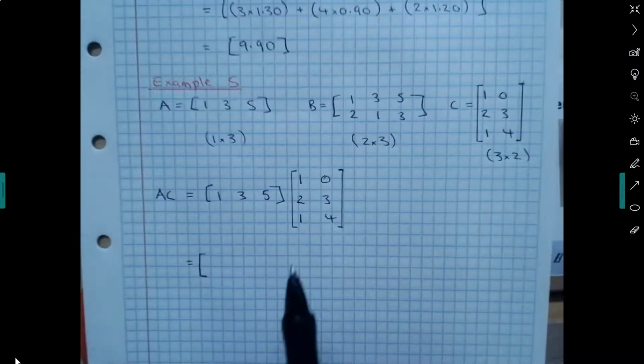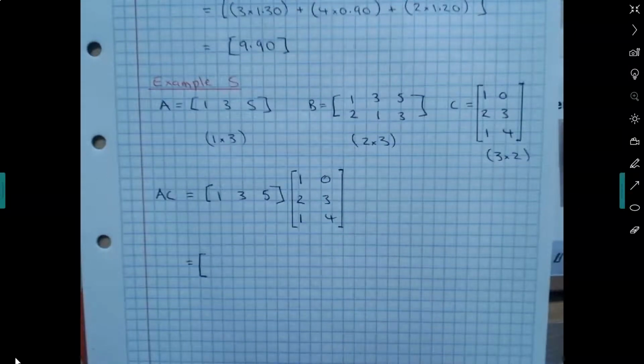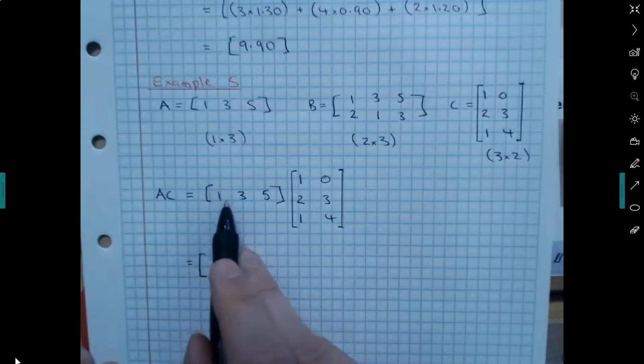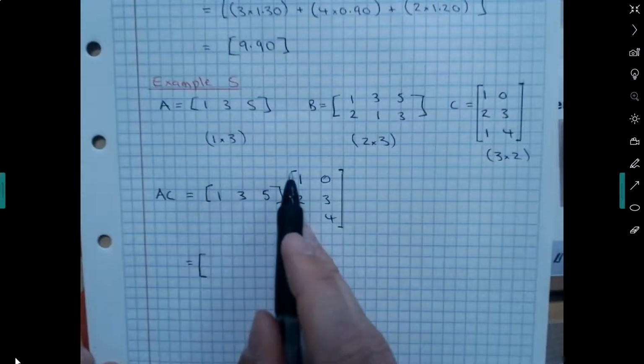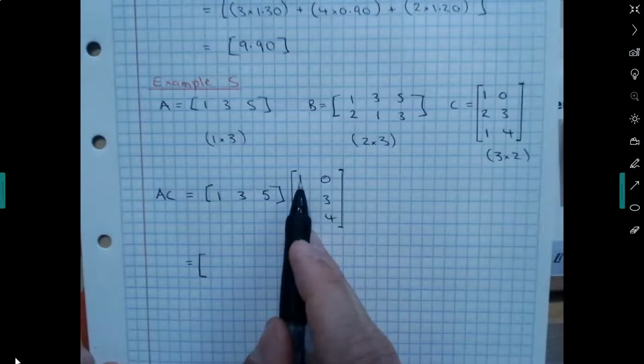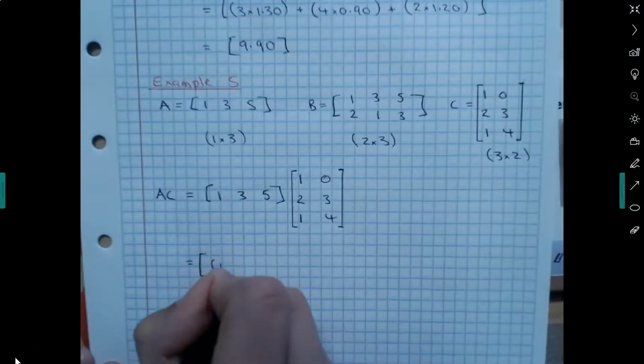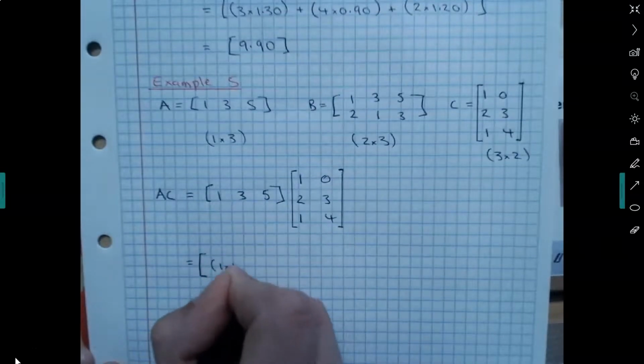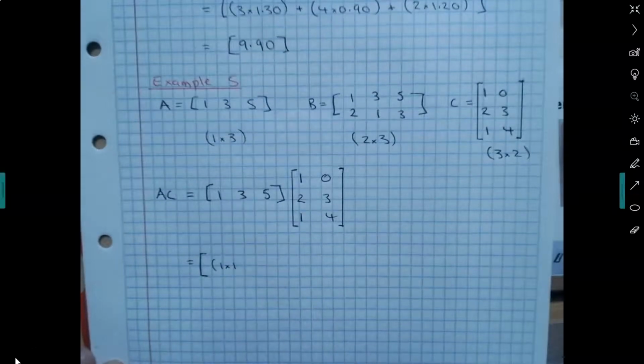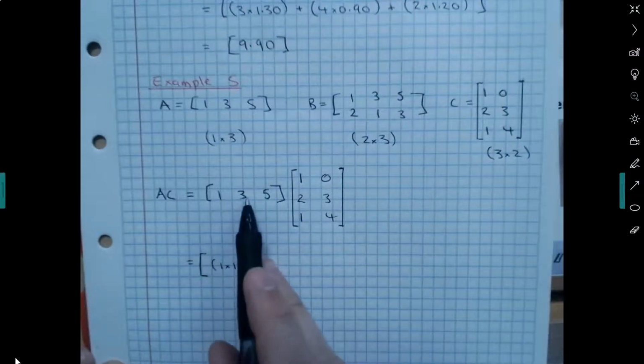Alright, now this is the tricky bit. And you only get good at this by practicing lots of them. So we start with this value here. We go this value times that value there. So we go 1 times 1. Then we go to this value.